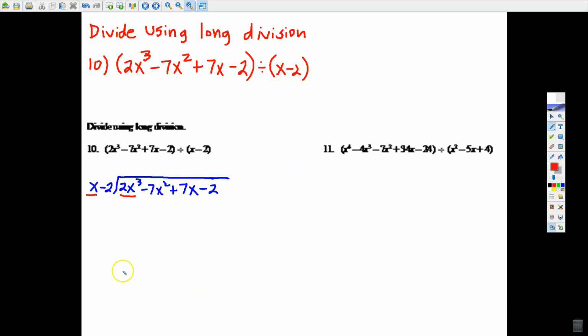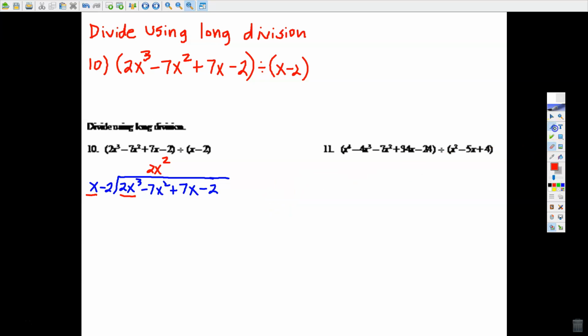So if you need to, just go off to the side somewhere and break this out into something simple. It means 2x to the third divided by x. And if you remember your exponent rules, when you're dividing the same variable, you subtract the exponents. So that becomes 2x to the second. So I'm just going to match it up with the x to the second in the problem.